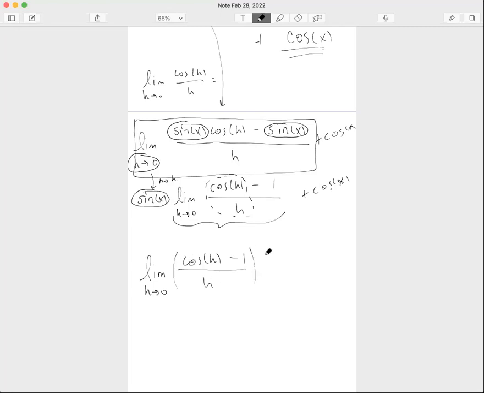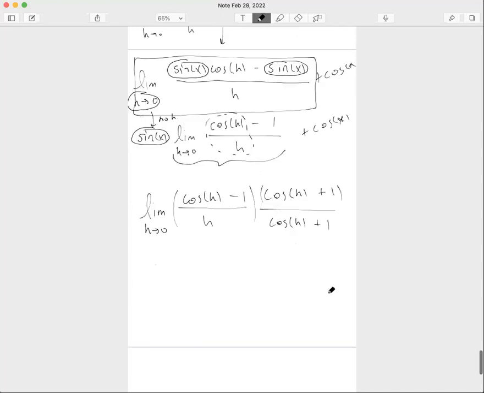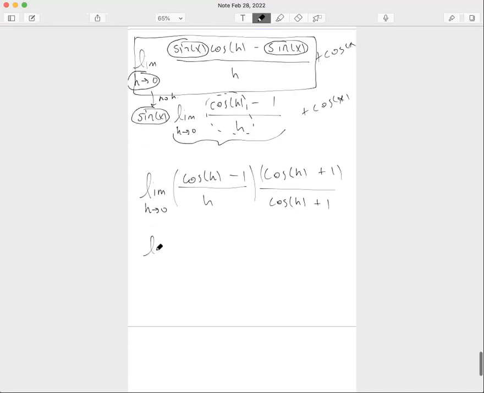If I multiply by cos plus 1, oh, conjugate. Yeah, it's kind of like a conjugate, but for trig. So what happens in the numerator? That's where you get cos squared of h minus 1.